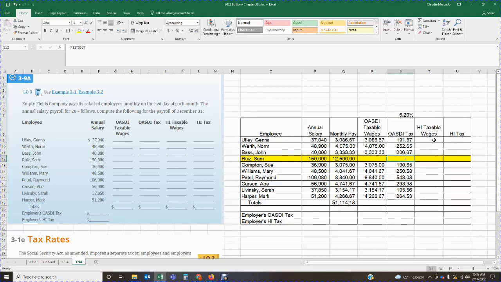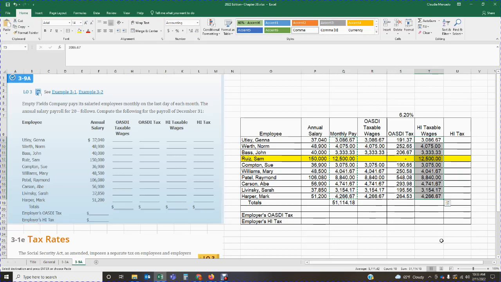Your HI taxable wages are the same amount. It's your monthly pay, so we're just going to copy that over and paste it. Now, for my HI taxable wages, the amount that Sam makes does not really matter. Why?